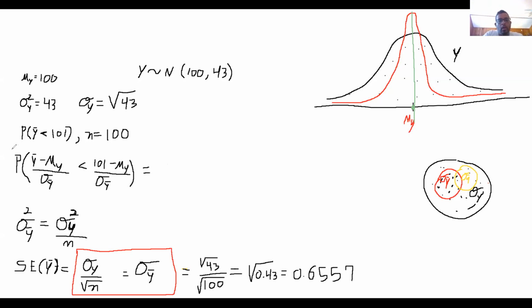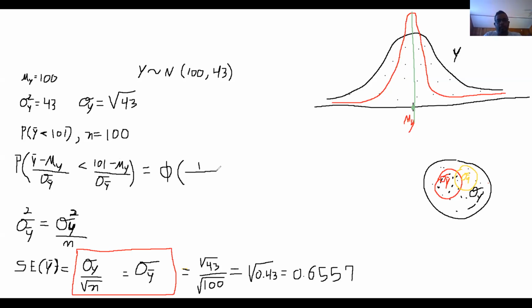Now, I don't know if you know how to convert this into something that looks like this. Oh, 101 minus 100 is 1, right.